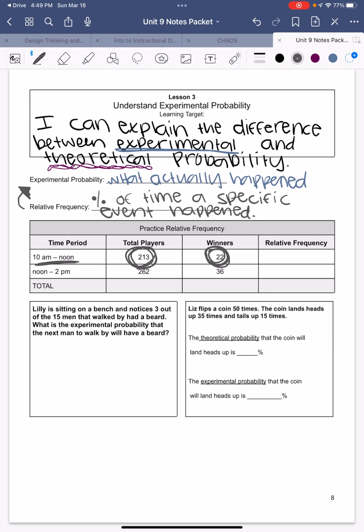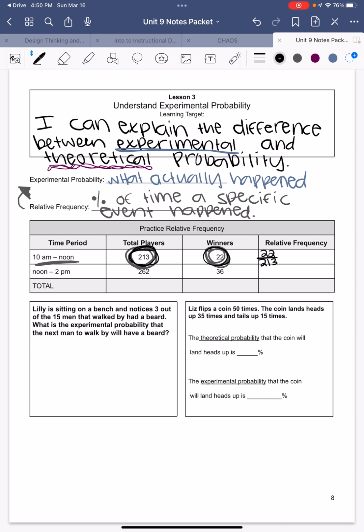Now, we don't know exactly what game we're playing, but typically when you play a game, you've got a 50% chance of winning, 50% chance of losing. So we'd expect half of these guys to win, half to lose. Okay, obviously that's not what happened. Only 22 of them ended up winning out of the 213 of them that were playing.